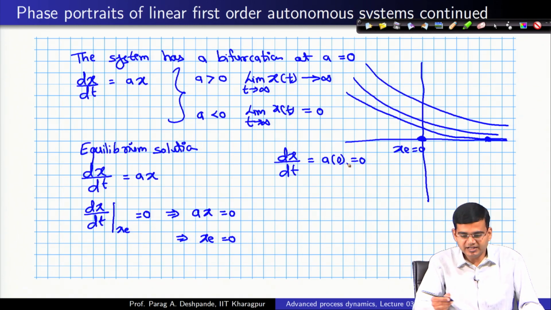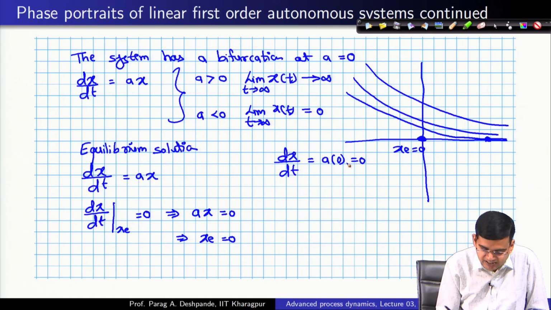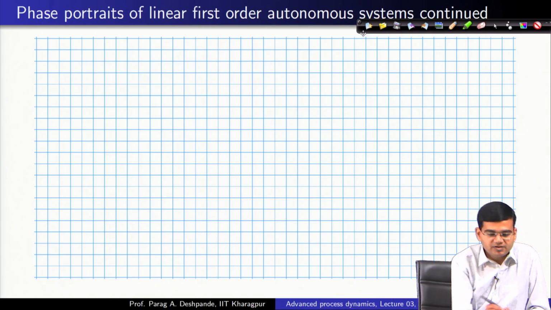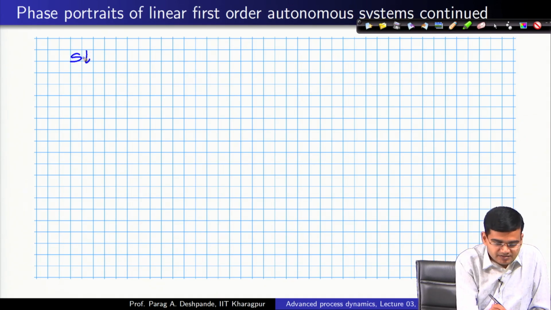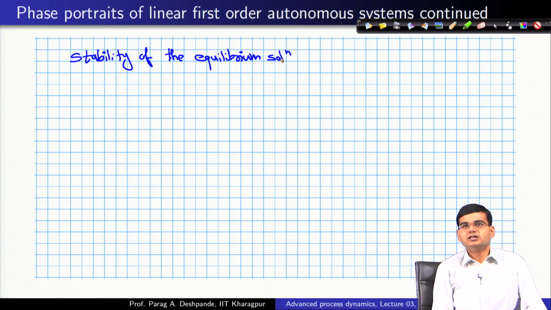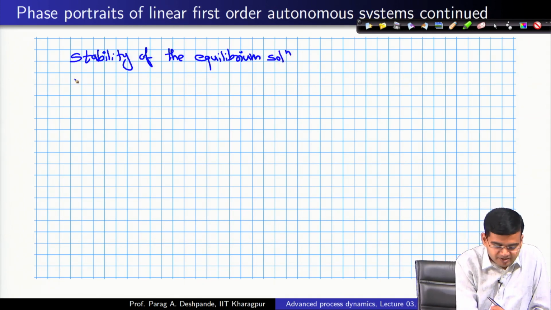Okay. And finally, the question is whether the equilibrium solution is a stable solution or not. So, stability of the equilibrium solution. The first step is to determine the equilibrium solution.